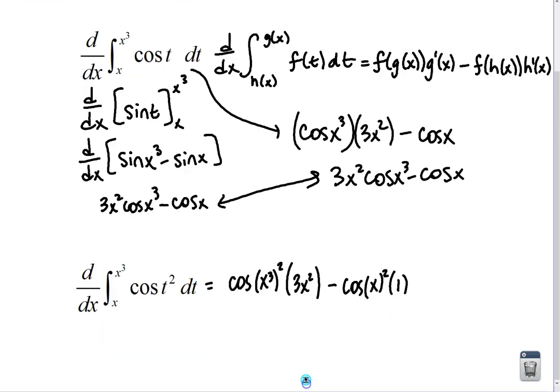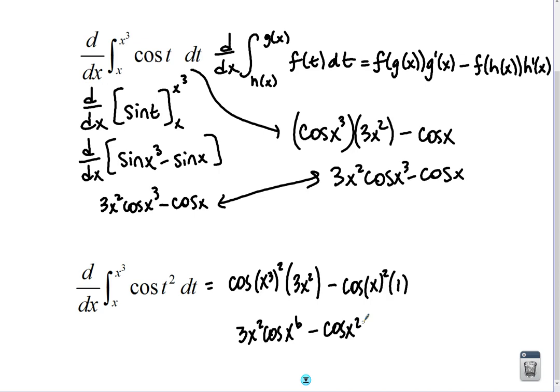So this becomes 3x squared cosine x to the 6th minus the cosine of x squared. I'm hoping this is starting to sink in a little bit.